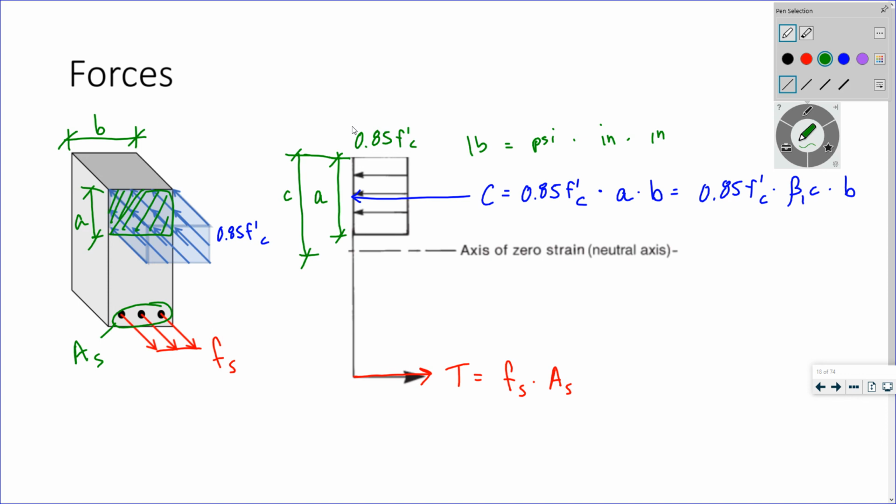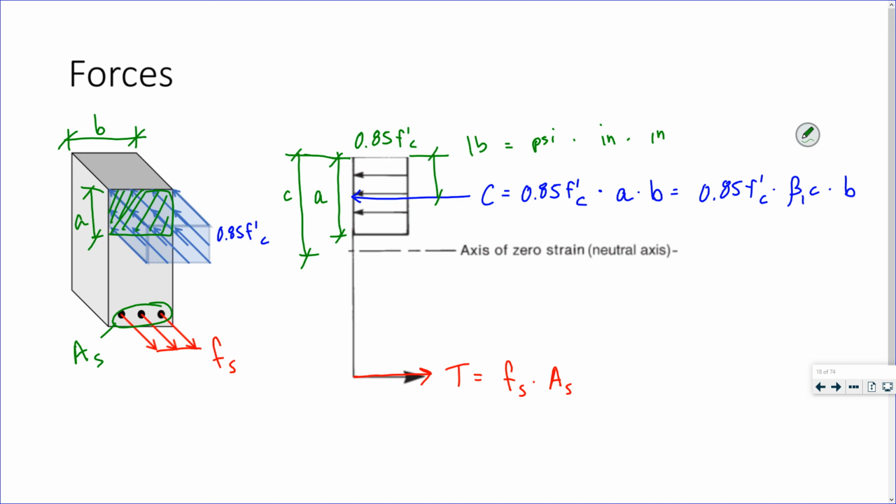And the other thing that we need to know is where these forces occur.